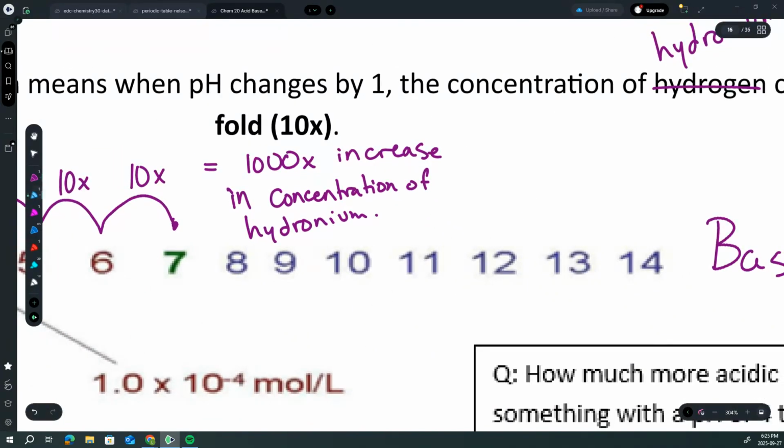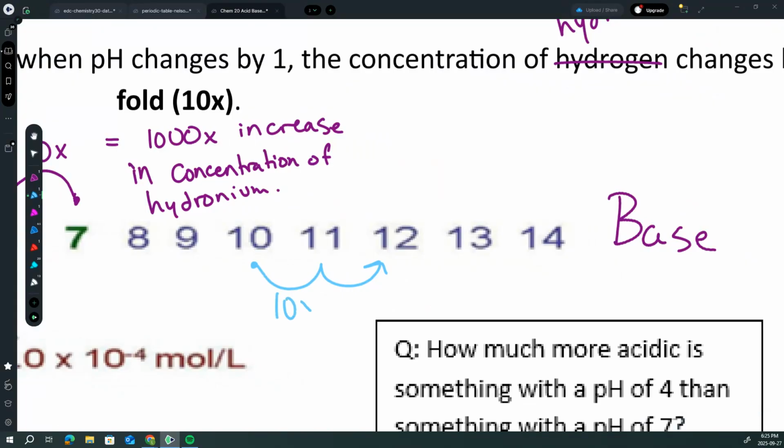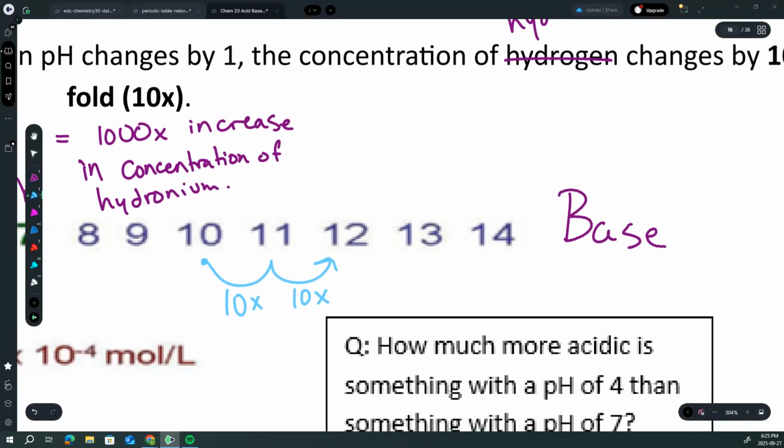Whereas, let's say we had a solution that started out with a pH of 10 and went up to 12. Again, this is a tenfold change every time you change a pH unit. So 10 times 10 is equal to 100. So it's a 100 times decrease in hydronium ion concentration because we're becoming more basic.